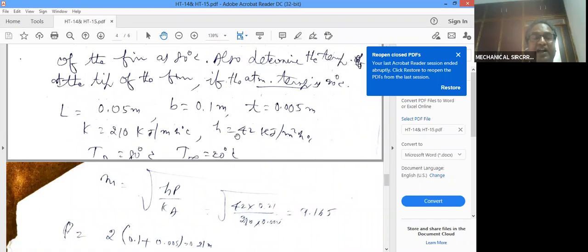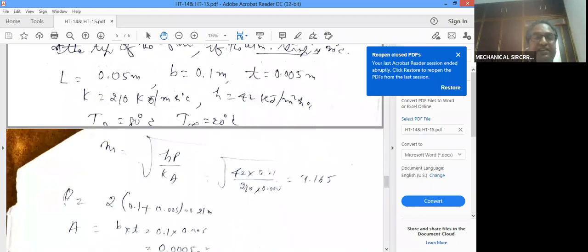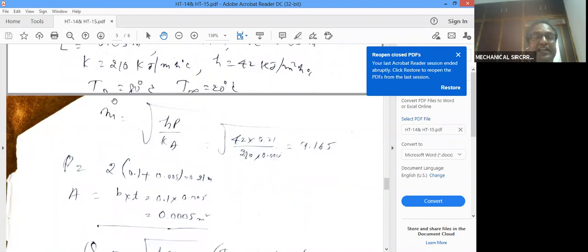And h value 42 kilojoules per meter square per hour degree centigrade. An important note: you can convert into watt per meter Kelvin and watt per meter square Kelvin, but for the time being you can keep it like this because you are using the ratio here, which cancels out. So T naught is 80 degrees centigrade and T free stream is 20 degrees centigrade.